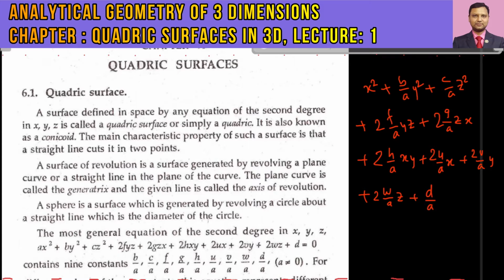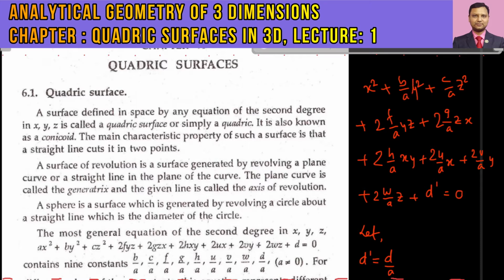Now in place of d by a, suppose we write d prime, so the last constant can be written as d prime is equal to 0.